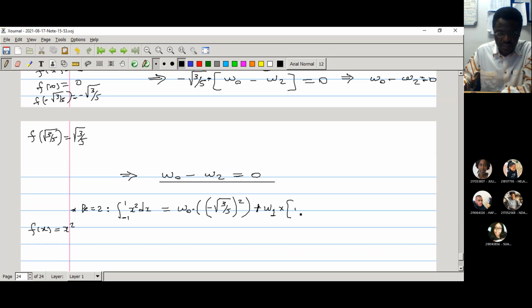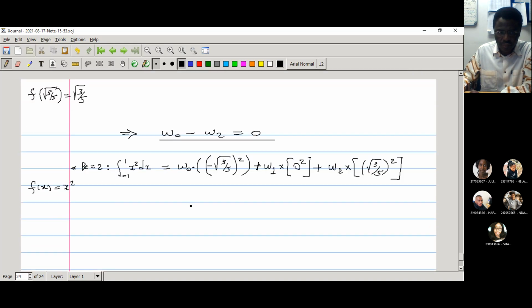So here f of 0 is 0 squared, plus W2 times I square square root of 3 by 5, because of the expression of my function.